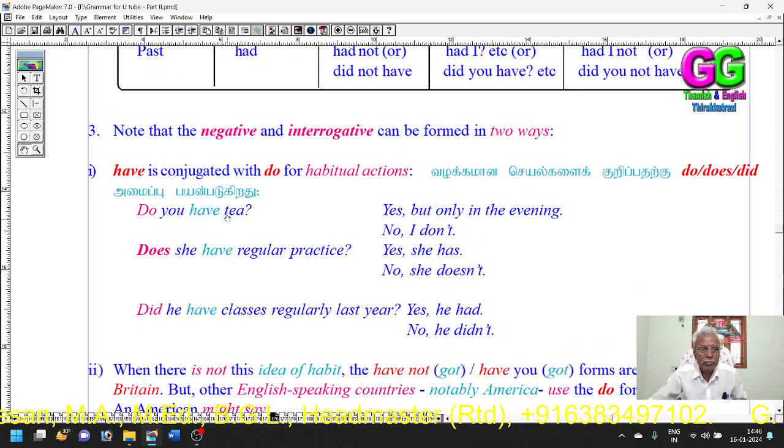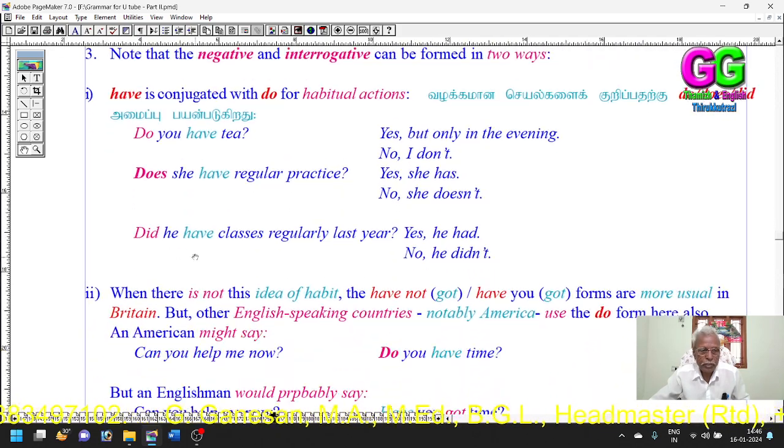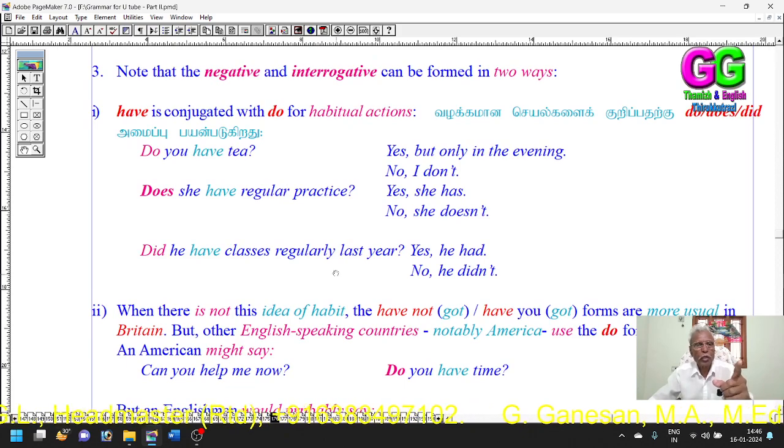Do you have tea? Here it is habitual. Do you have tea? Yes, but only in the evening. No, I don't. Does she have regular practice? Yes, she has. No, she doesn't. Did he have classes regularly last year? Yes, he had. No, he didn't. This is how we conjugate have with do.